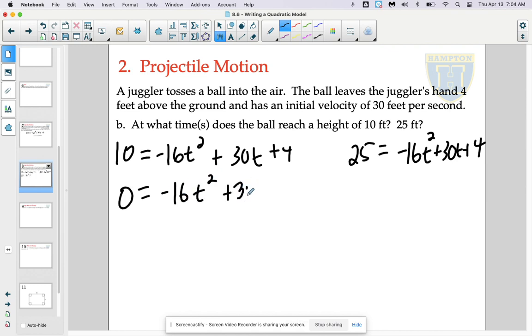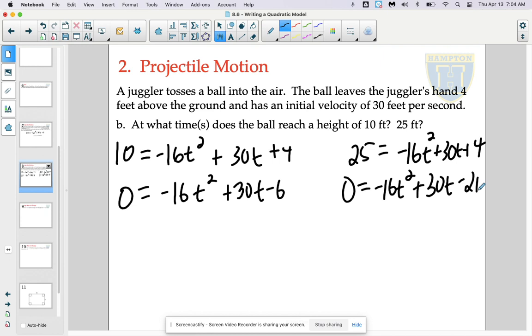And at this point, we run into a little bit of an issue, because is this really the most efficient way to test when the ball reaches these particular heights? We're going to have to use the quadratic formula. There's not a lot of easy factoring, it looks like, in order to determine at what times the ball reaches those heights.